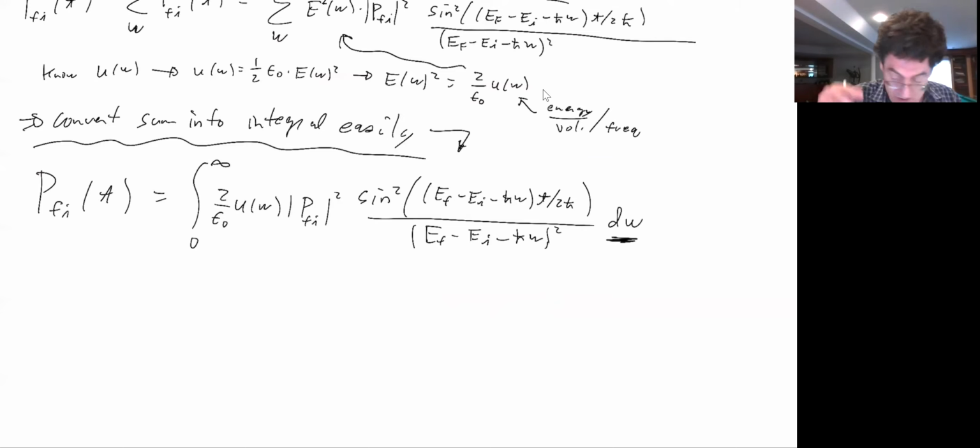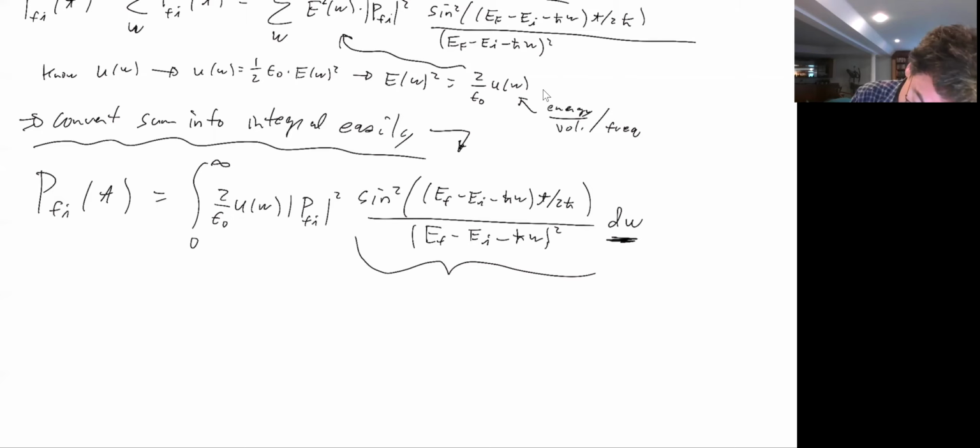So now we have to do this integral, and it turns out that that is a harmonic integral. You think, oh my God, it's so hard, but it's not. It's not hard because we remember that we already sort of worked this out. We know that this function is highly peaked.